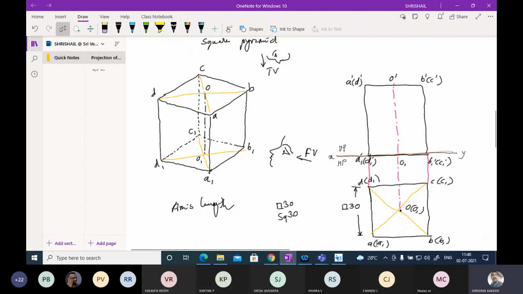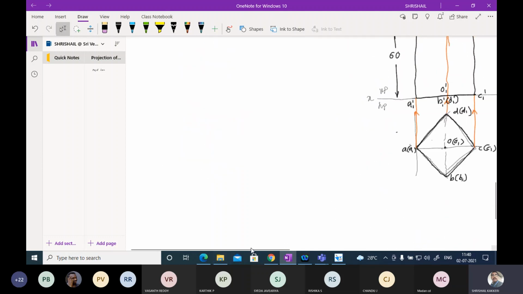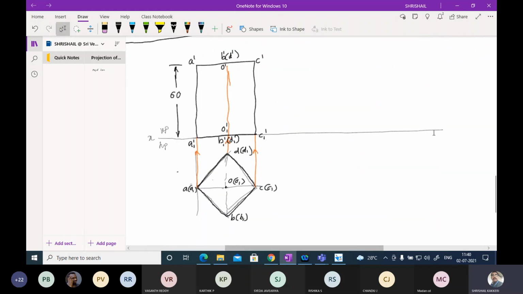If you look from the front, A1, and the back side or rear side we have D1. Similarly, B1 in the front and C1 in the back side. In the similar way, the same concept I am going to apply here, the same method I have applied here.